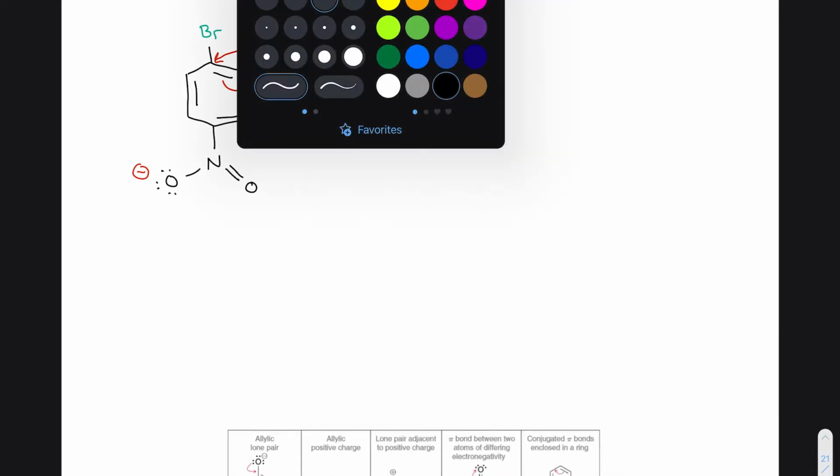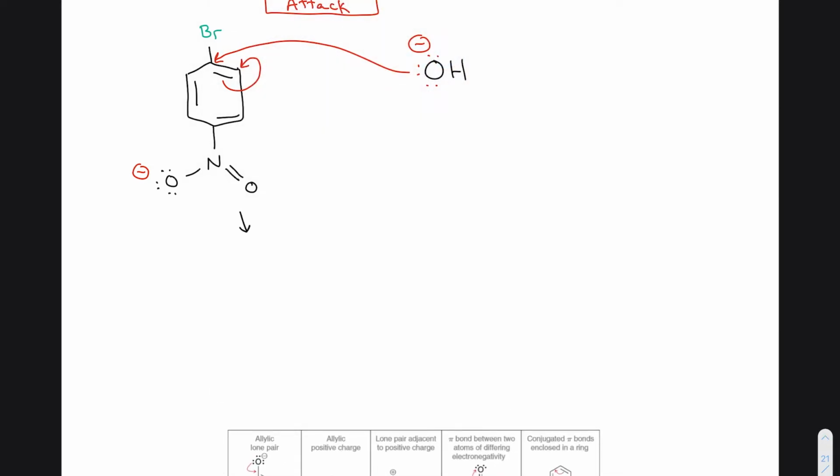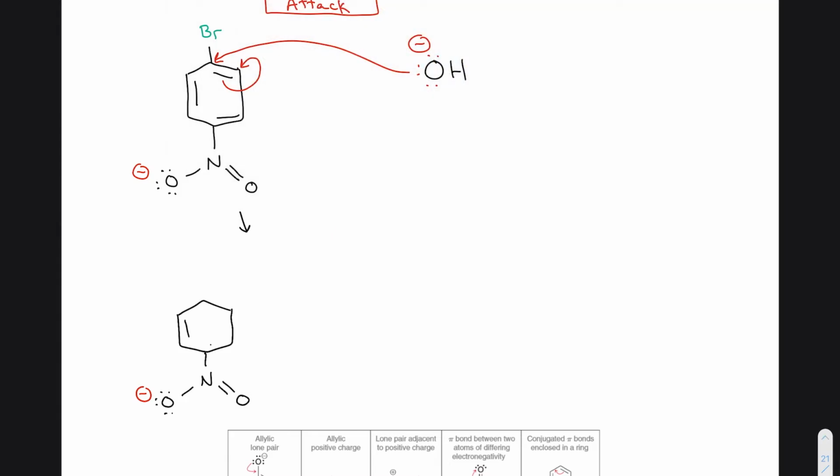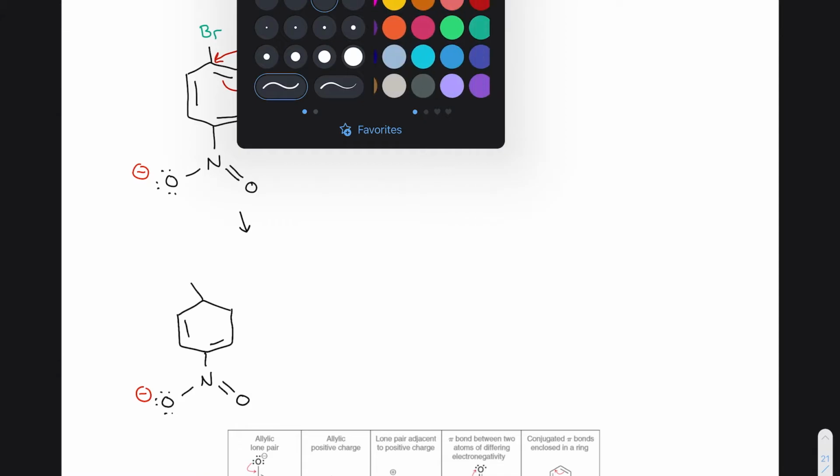Okay. So let me draw what that might look like for you. Make sure you draw out the nitro group. These 2 pi bonds have stayed the same. We still have this bromine here that hasn't left yet.